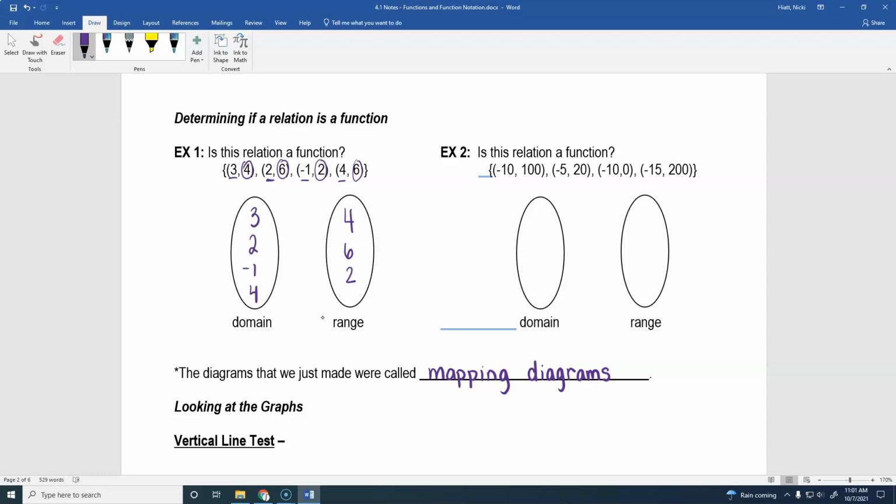So once you have made this mapping diagram, you're going to take each point. 3 goes with 4, so I'm going to draw an arrow. 3 goes to 4. 2 goes to 6. -1 goes to 2. 4 also goes to 6.